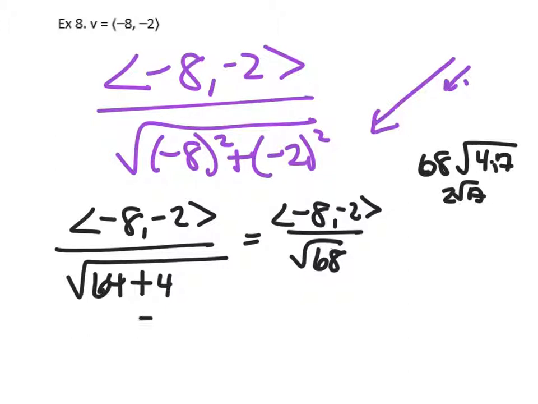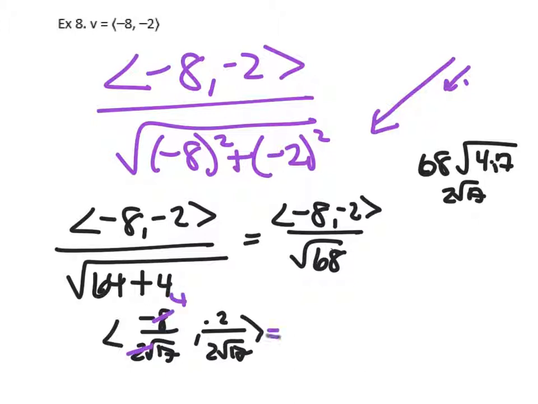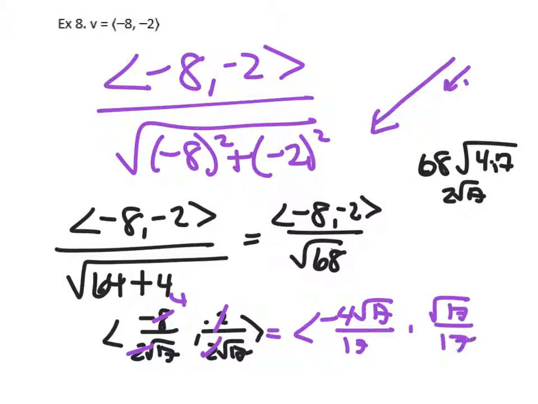So this is going to become negative 8 over 2 root 17, comma negative 2 over 2 root 17. 2 goes into 8 4 times, then I need to rationalize. 2 goes into 2, square root of 17 over 17.